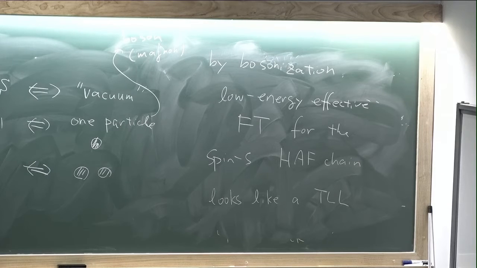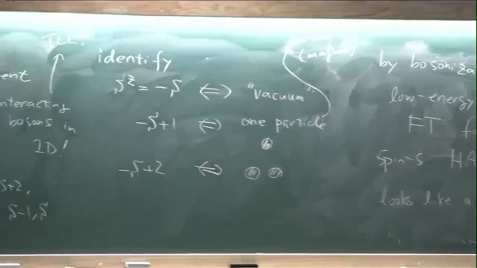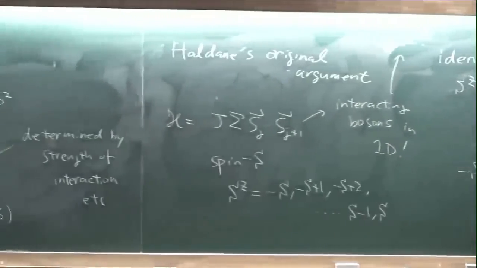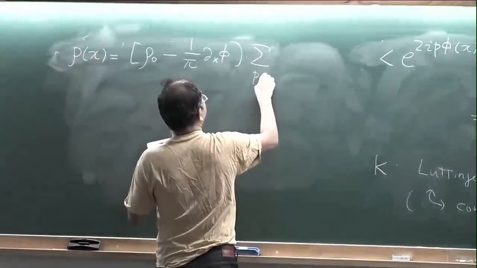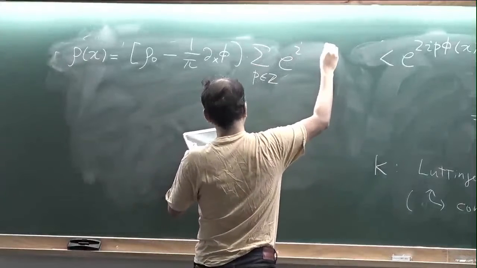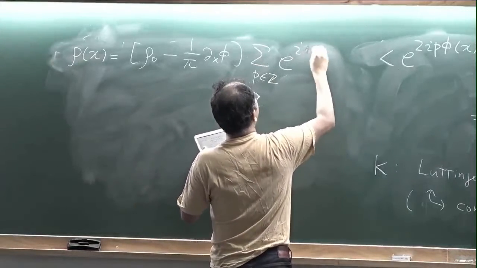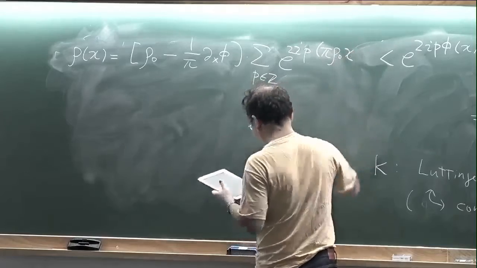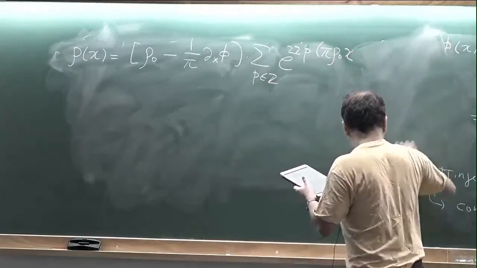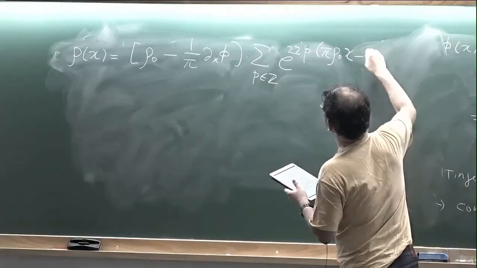Then the density of particles, these magnons, we already had the expression in terms of the phi field. Repeating the same expression: rho 0 minus 1/2 d x phi times some summation over e to the i 2 p pi x minus phi.